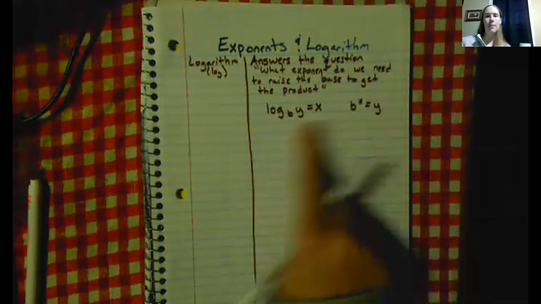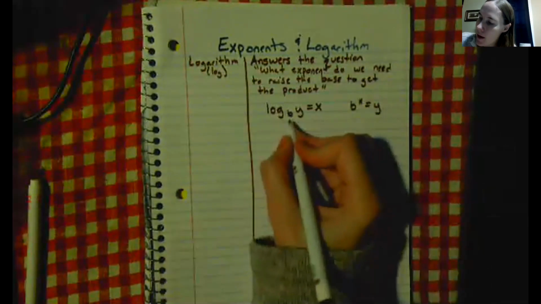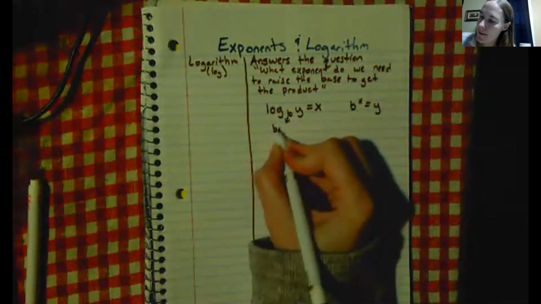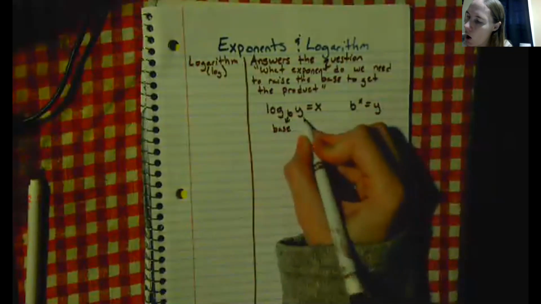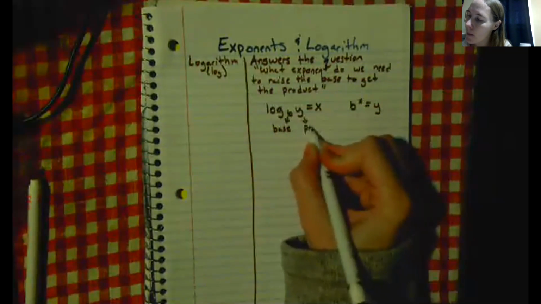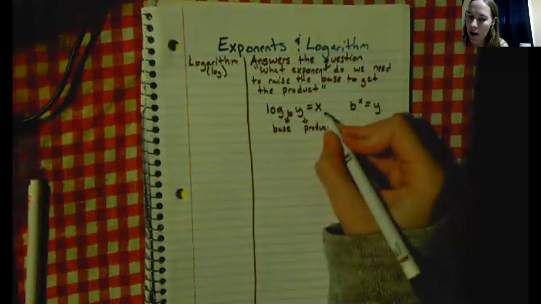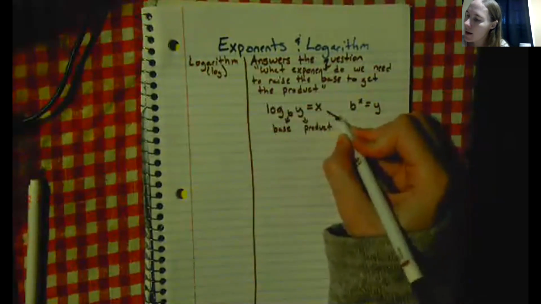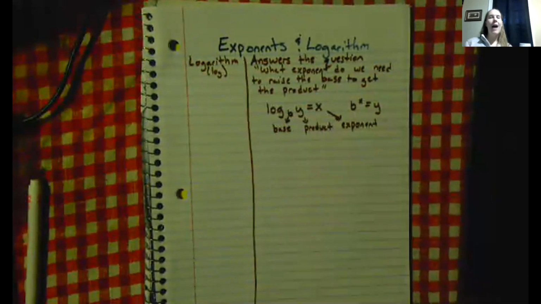So for our logarithm, the b is our base. And I like to think base is on the bottom because it's a small number on the bottom. Our y is our product or our answer. And then our x is our exponent. That's what I like to think about because that will help me change the form.